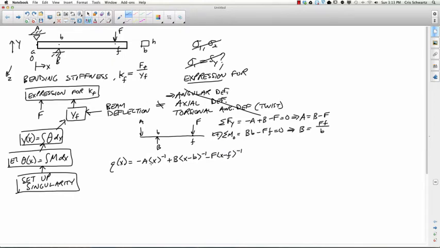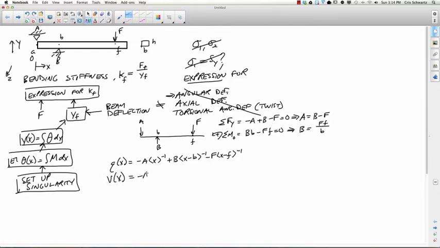Okay. I'm just calling little a 0, so this would be x minus a or x minus 0, so I'm just leaving that off. One thing to keep in mind here is because F is at an arbitrary point, I could put F anywhere along this beam and, because I'm using singularity functions, still have an expression that works. And that's one of the things that's nice about singularity functions. So right now I'm at the point of setting up my singularity.